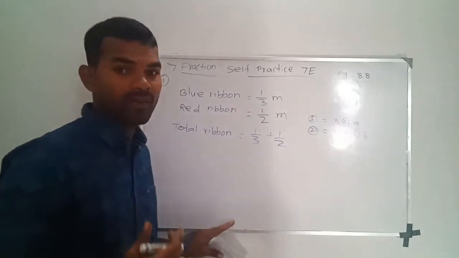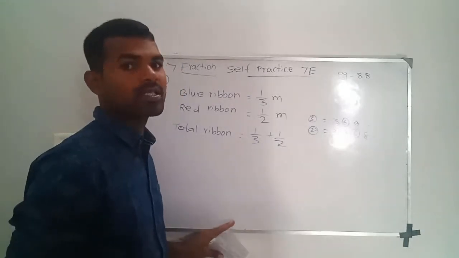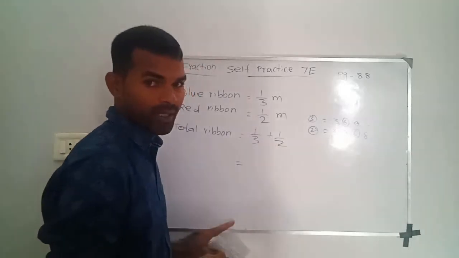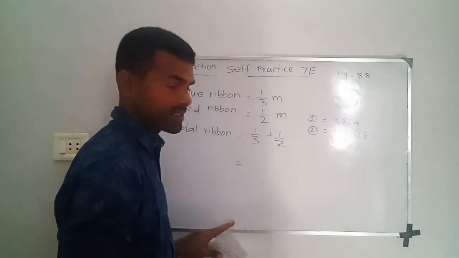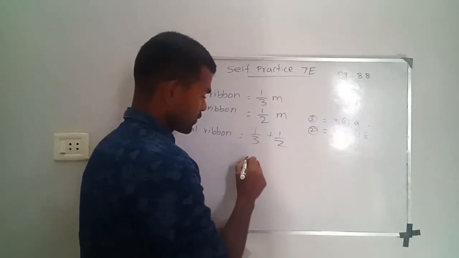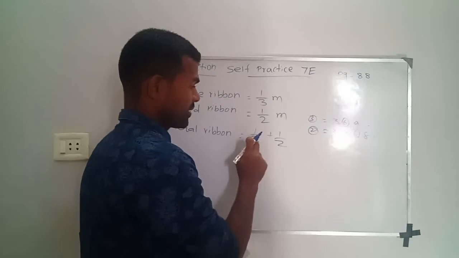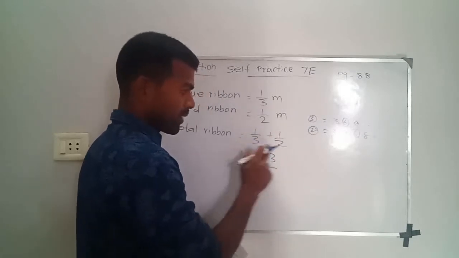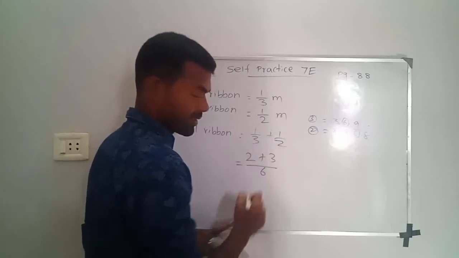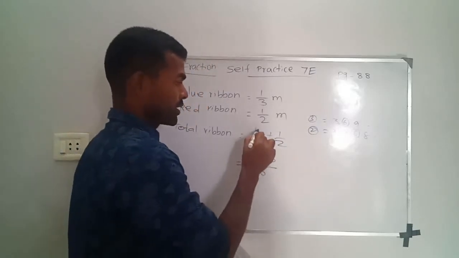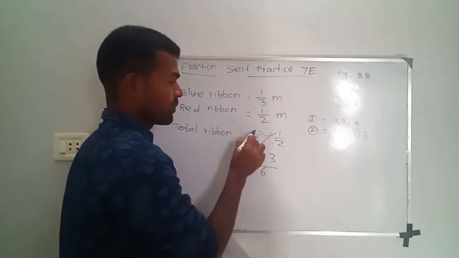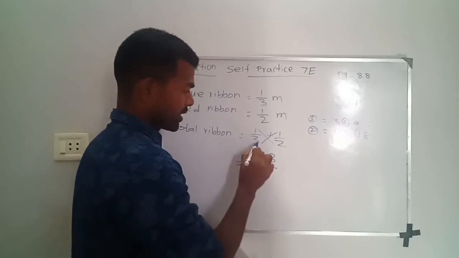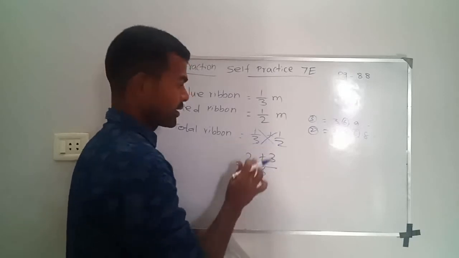Instead of that, I will tell you one short method: do cross multiplication. 1 multiply 2, 2. 3 multiply 1, 3. By 3 multiply 2, 6. Got it? Just do the cross multiplication.